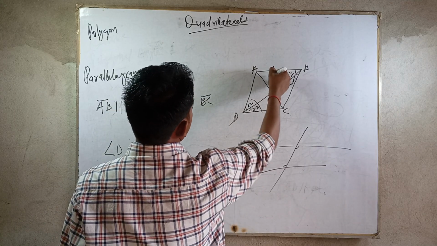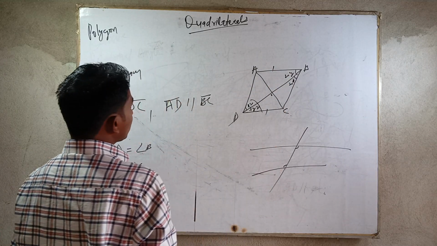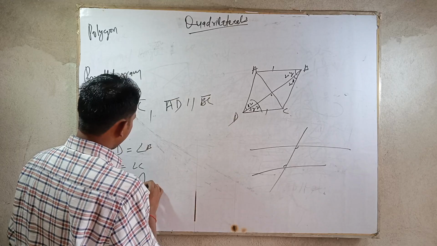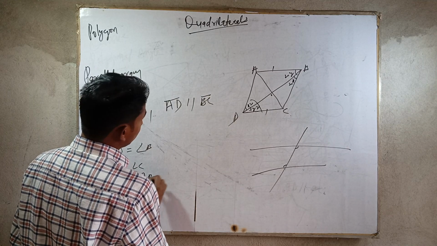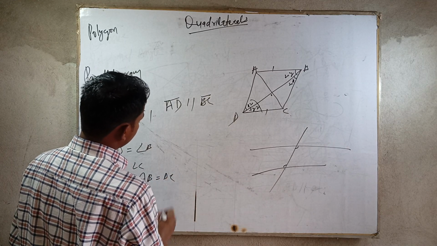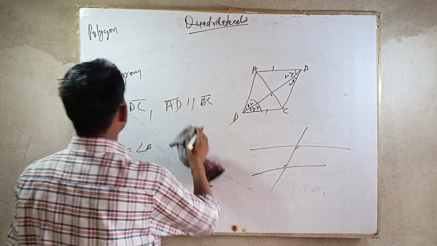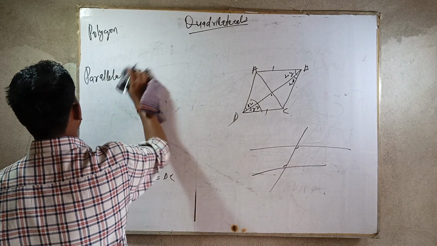And one thing is that opposite sides are always equal: AB equals DC. So these are the rules of a parallelogram.